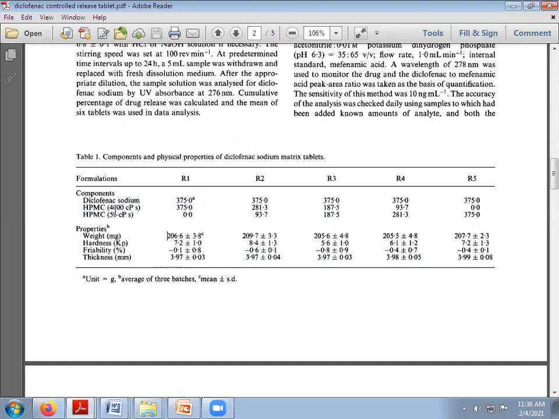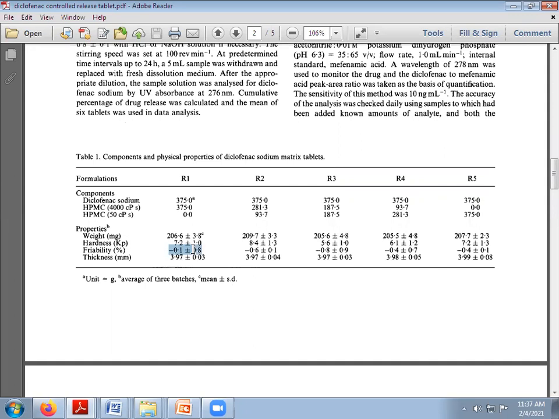Only at the 4000 we get 7.2 hardness, and here also we get a hardness of 7.2. How our drug or polymer behaves, in what manner we improve the compressibility and how we give the pressure, depends upon the hardness.